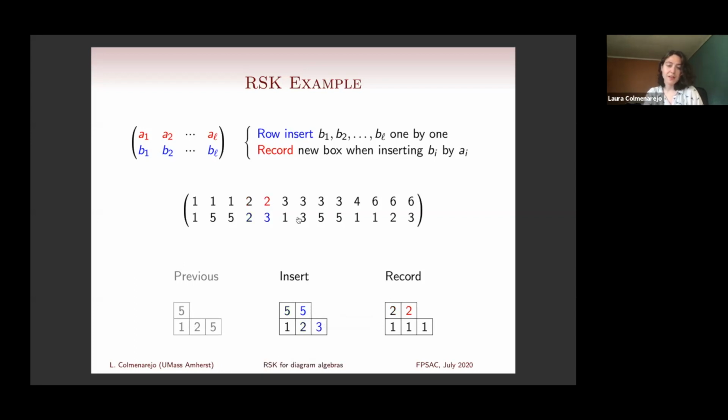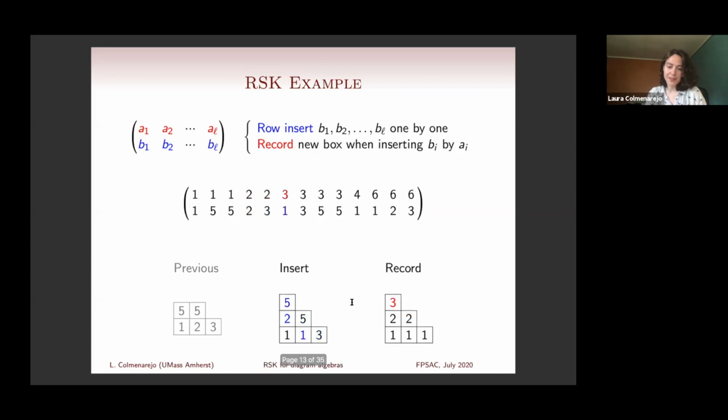The next one, I have to insert a 3, and I have the same situation as before. So the 3 is going to bump the 5, and the 5 is going to go to the second row. Since I can put it 5, 5, that's no issue. So I just keep it there. And let me do one more step to see how we can continue increasing the rows. If I want to insert the 1, I have to bump the 2.